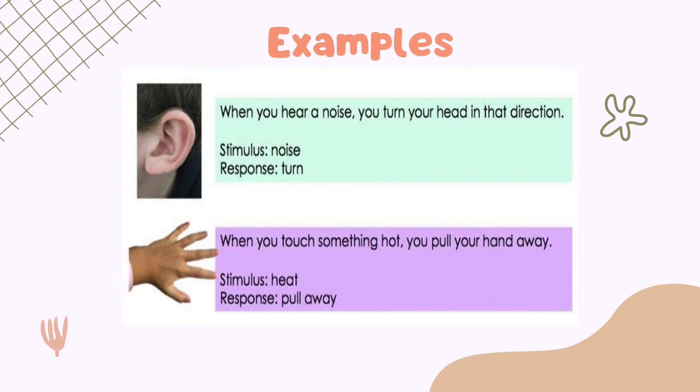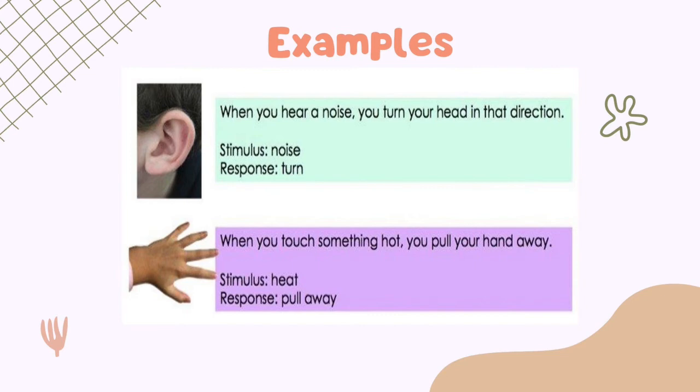With that, we can say that stimulus and response are the electrochemical signals that come from the neurons, and they are transmitted all throughout the body.